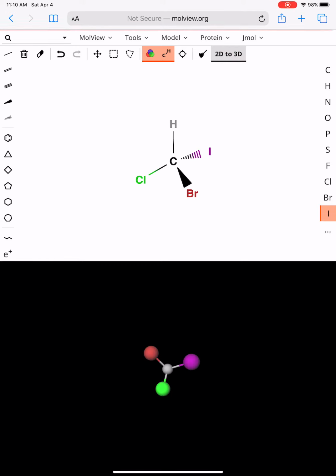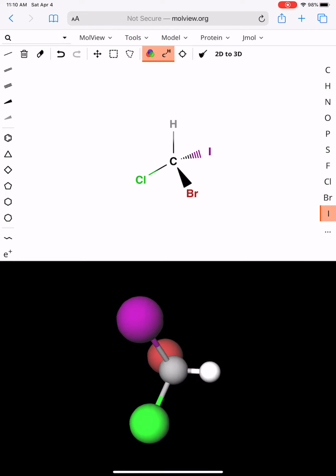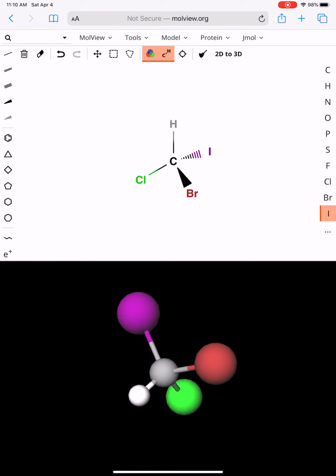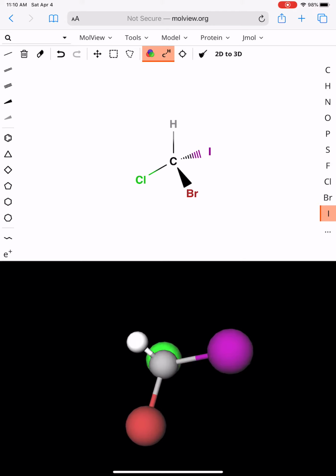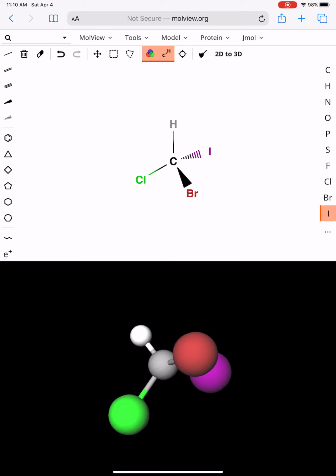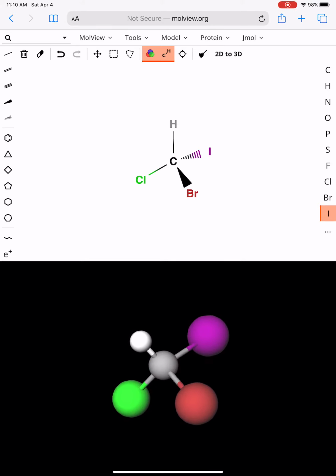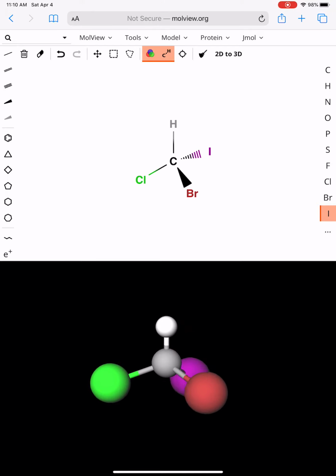And let's turn this into 3D. And so I'm going to rotate this around to get it into the way I just described it. So the hydrogen, which is white, the carbon is the gray sphere in the middle. The green sphere is my chlorine.